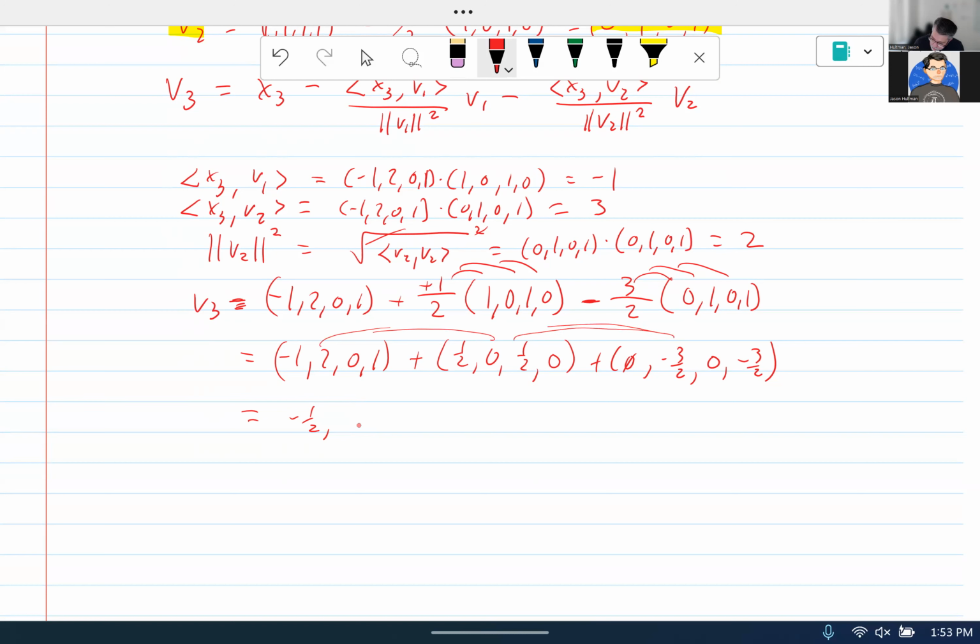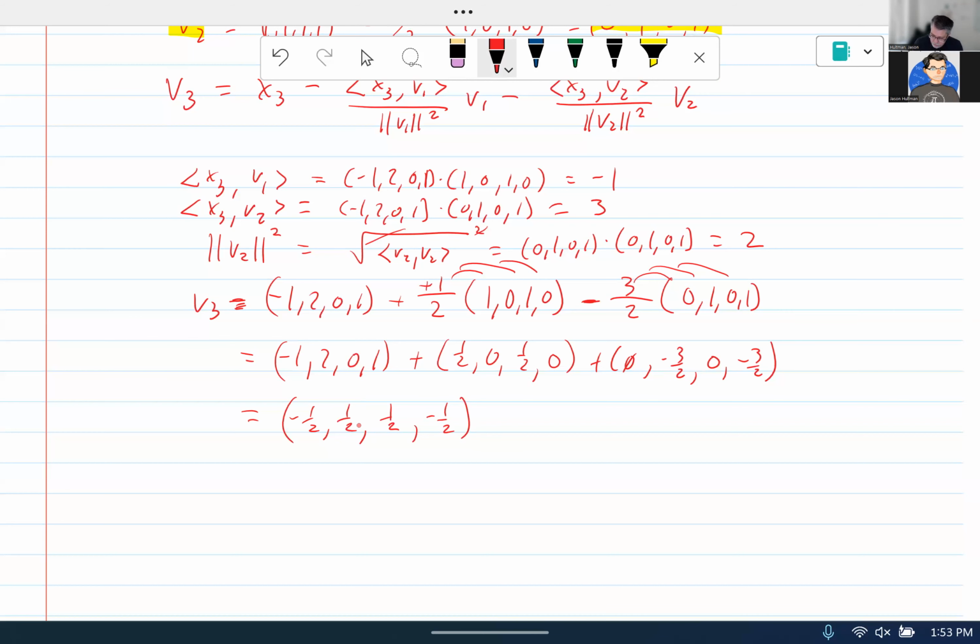That's going to be positive 1/2. Okay, 0 plus 1/2 plus 0, that's just a positive 1/2. And then 1 plus 0 plus negative 3/2 is negative 1/2.